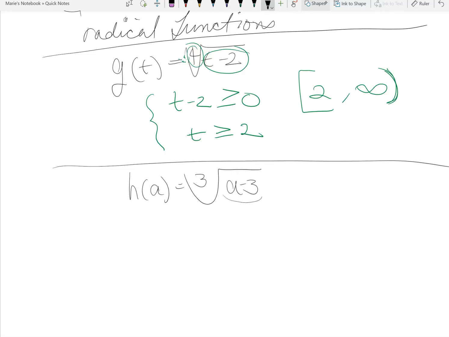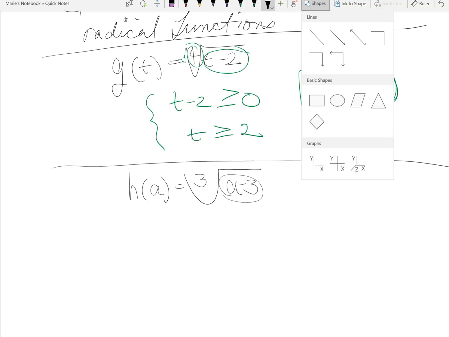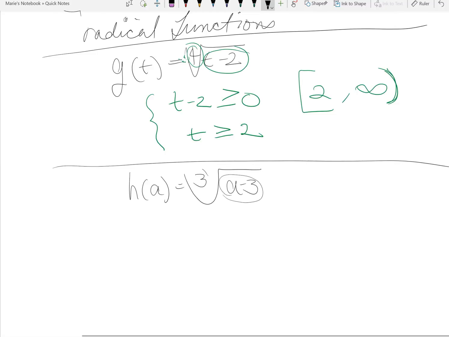What do you know about cubes? It could be negative. Because this is an odd number right here, the domain is all real numbers, which we know in interval notation is negative infinity, positive infinity.